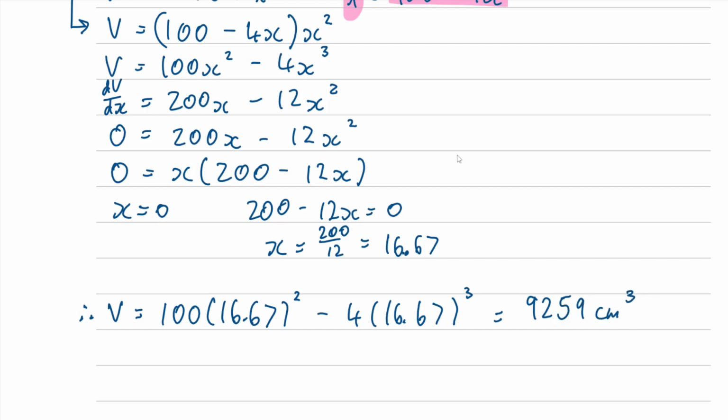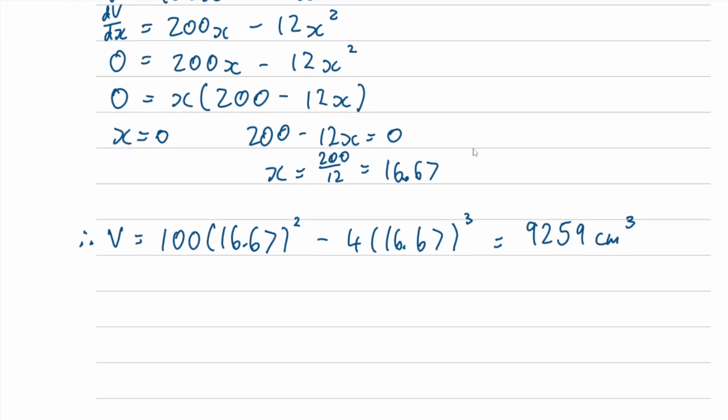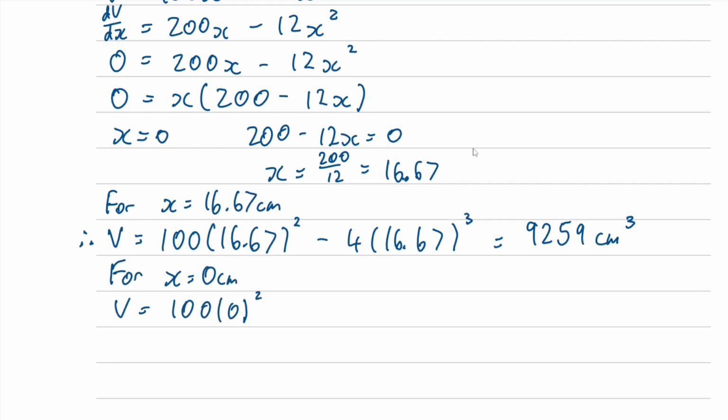Now, how do we know that that's a maximum? Well, we can just check the other turning point. So that was for x equal to 16.67 centimeters. Now for x equal to 0 centimeters, the volume would be 0. If the x is 0, we don't have a box.